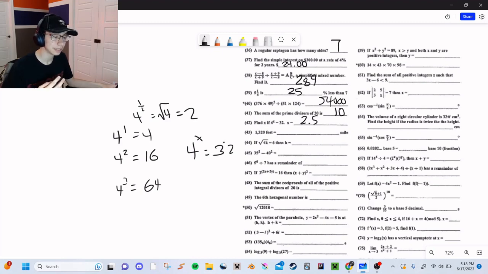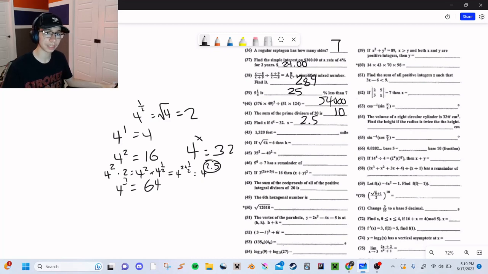And I see that 32 is double 16, so it's like I have this 4 squared term, times a 2, which is really a 4 squared times a 4 to the 1/2 power, which is the same as 4 to the power of 2 plus a half, which is 4 to the 2.5. And that's my x.